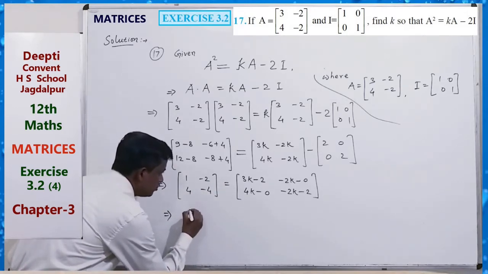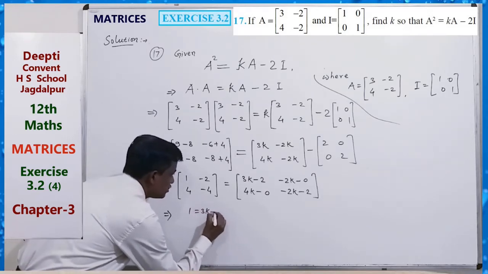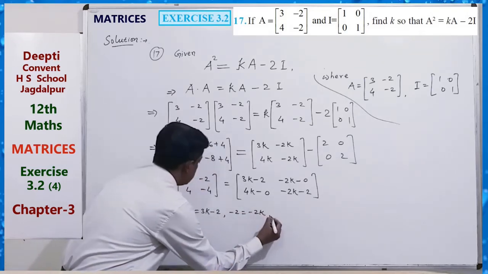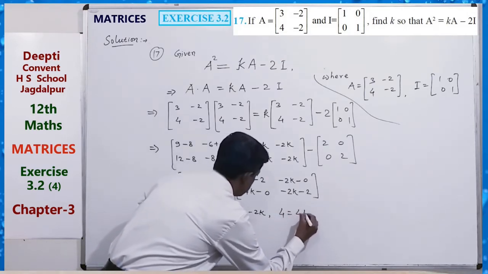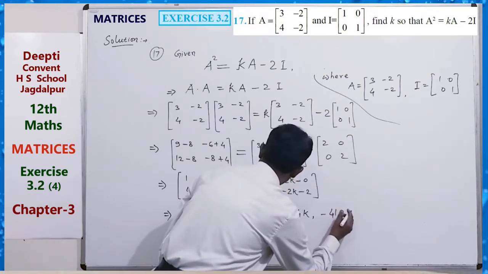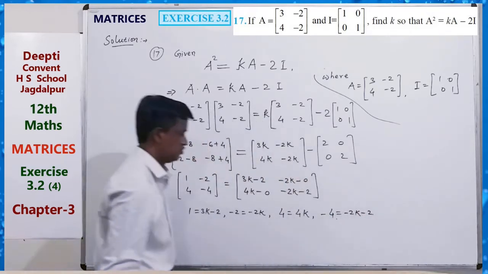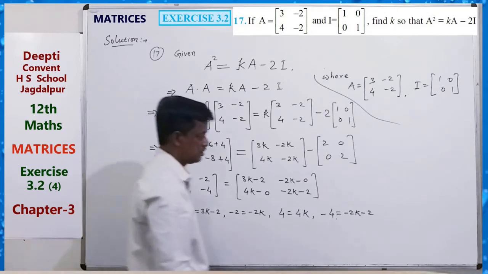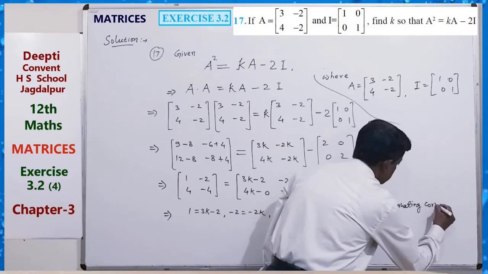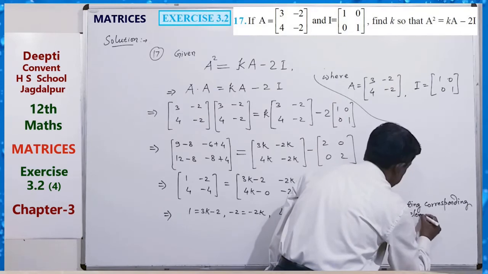So 1 equals 3k minus 2, minus 2 equals minus 2k, and 4 equals 4k, and minus 4 equals minus 2k minus 2, equating corresponding elements.